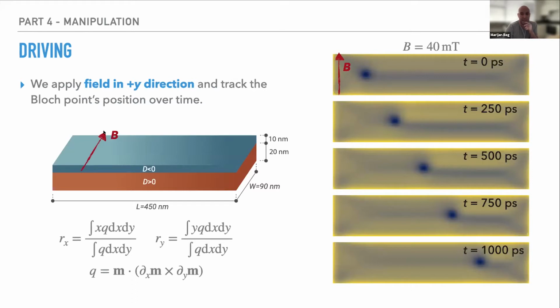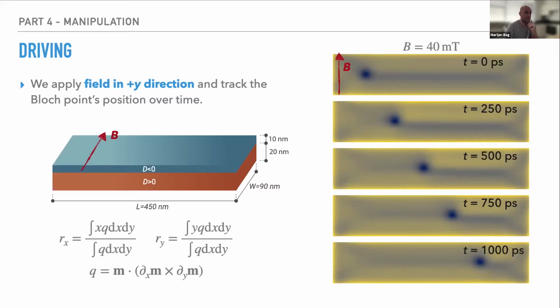We simulate the dynamics, and we calculate the coordinates of the Bloch point by tracking the topological charge in the top layer. And we can see that as time progresses, our Bloch point moves.